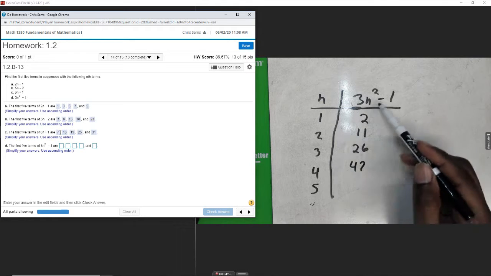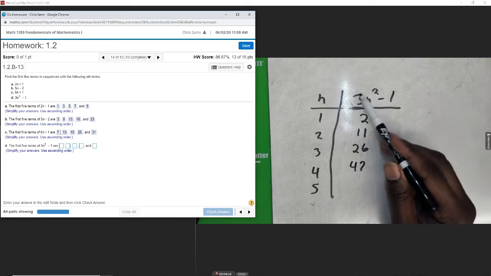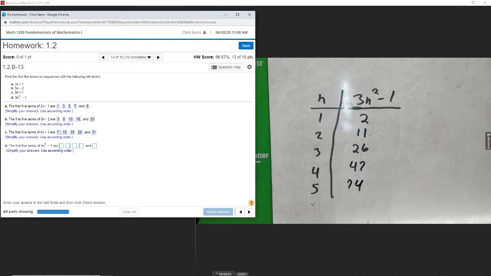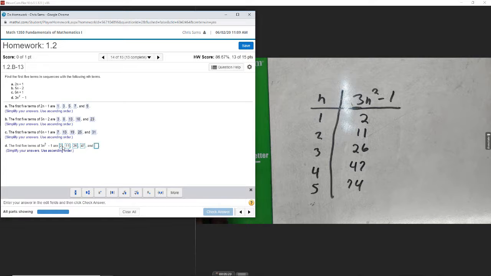And then 5 squared is 25, times 3 is 75. 75 minus 1, 74. Okay, so our 5 terms for the fourth one: 2, 11, 26, 47, and 74.